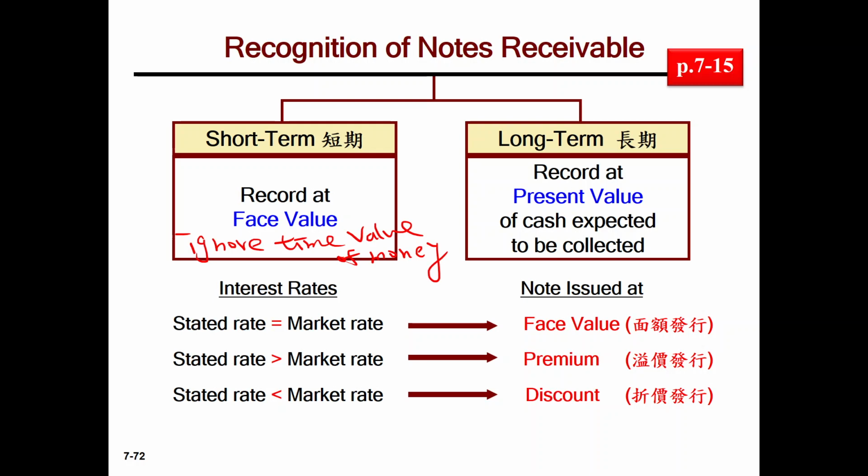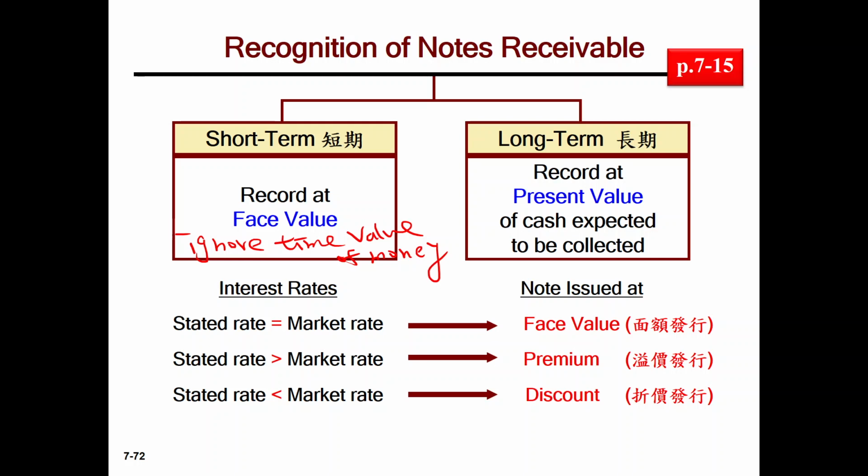Discount or premium. So amortization, we allocate part of the numbers to each period. So you're right, amortization is discount amortization, premium amortization. Amortization allocates discount or premium into each period. So still this is your interest.